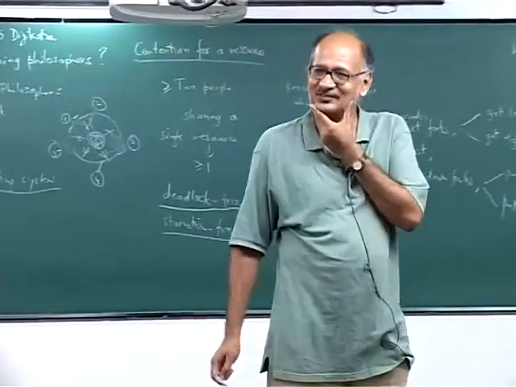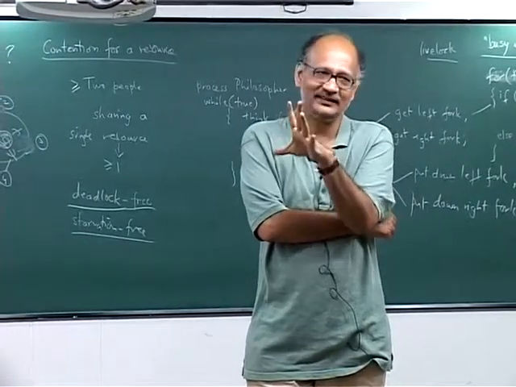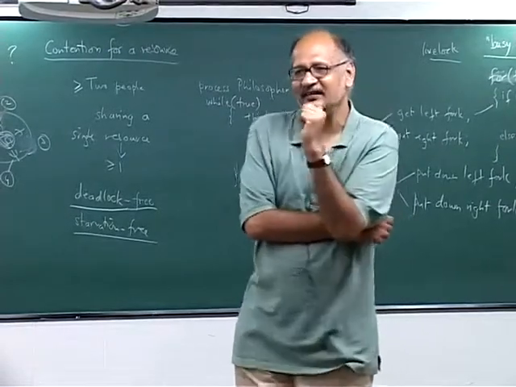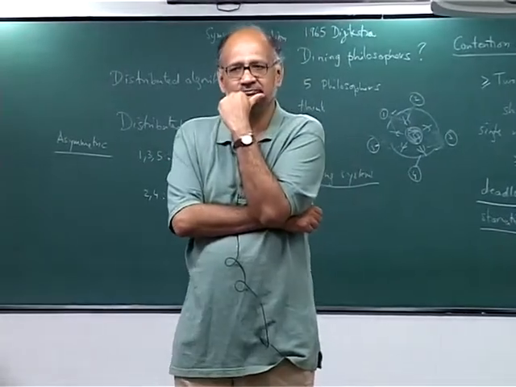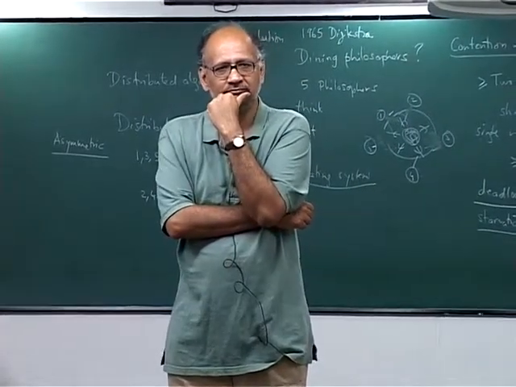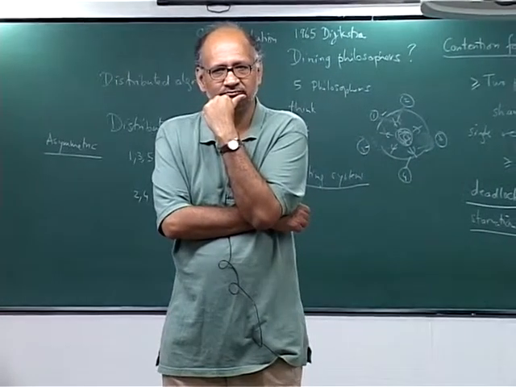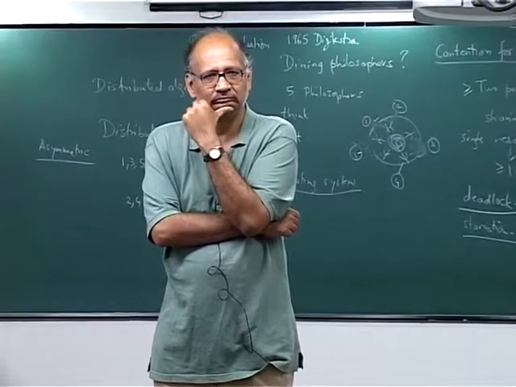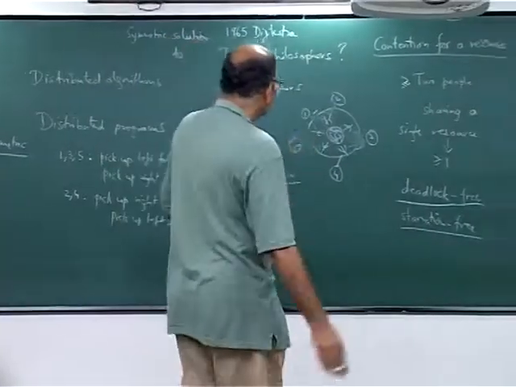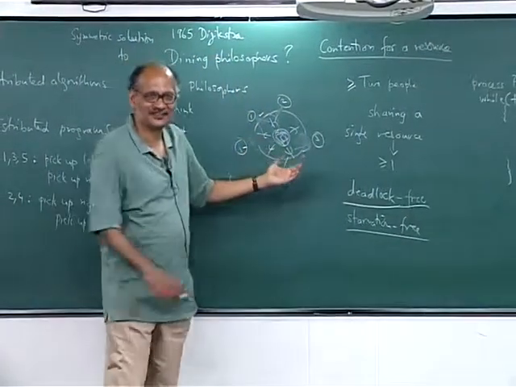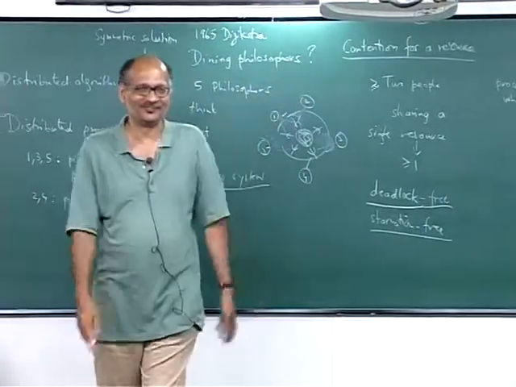So what would be a symmetric solution? Where all the processes, the code that they execute is identical. Now if you want to put it in the form of a story, then you say that the philosophers are too busy thinking, they never notice whether they are 1 or 2 or 3 or 4 or 5.